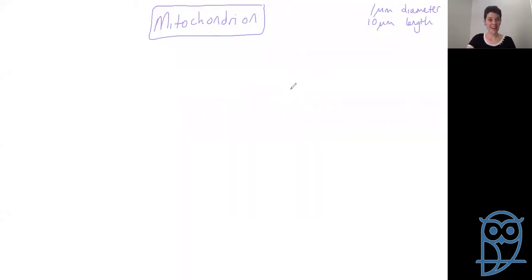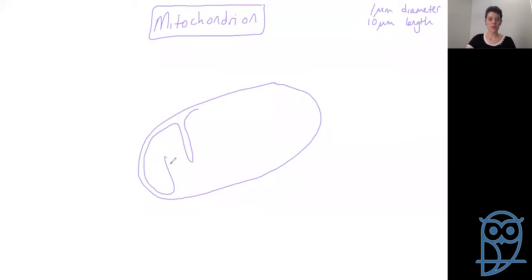So with that diameter and length, we are talking of a sausage-shaped organelle. If we take a transverse section, we have something that looks roughly like this, with all these folds on the inside.